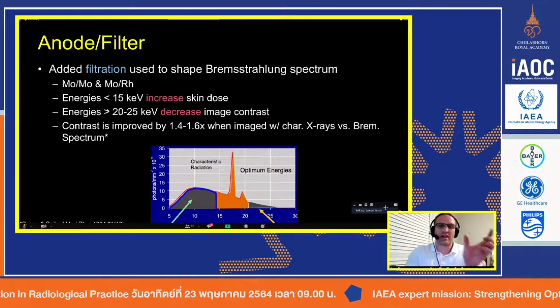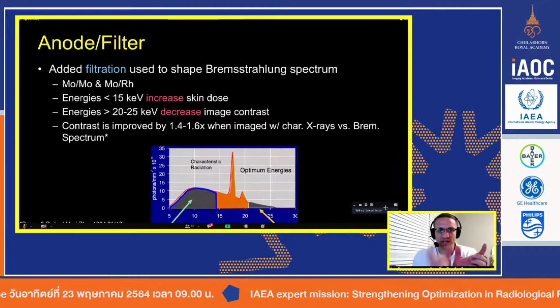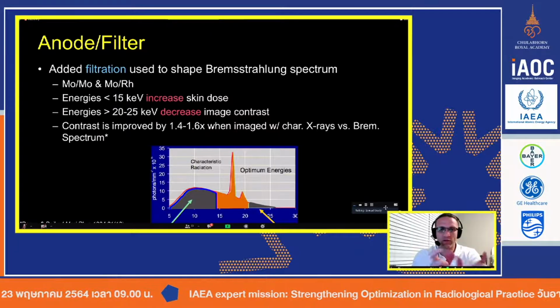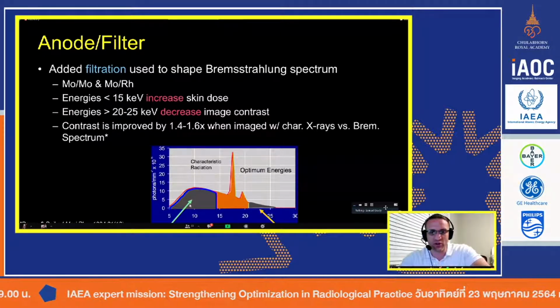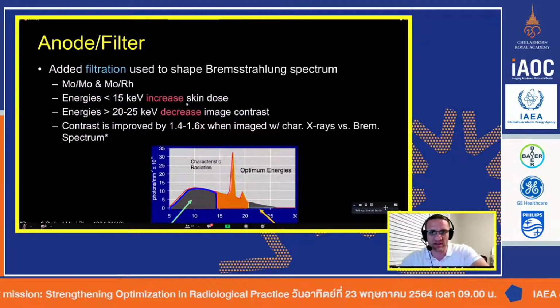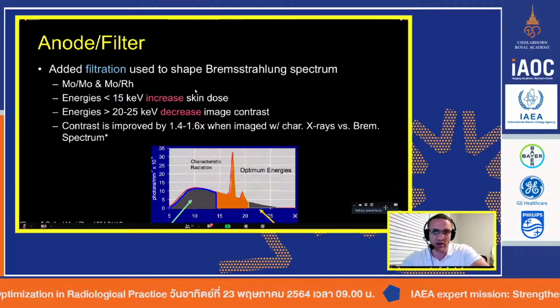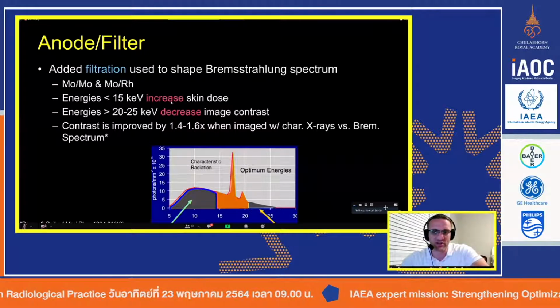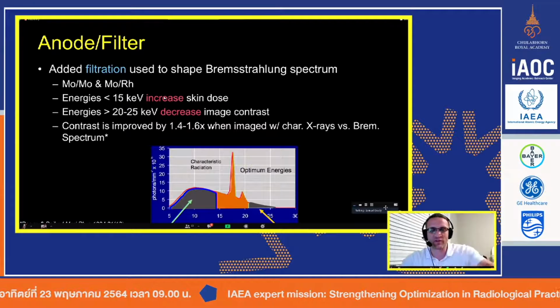So we take the target and we always add it with a filter. We need a filter in mammography. And the filter does two things. It gets rid of these really low energy photons, which are nothing but skin dose. We talked about everything less than 15 keV does nothing but increase the dose to the skin or to the surface of the breast.